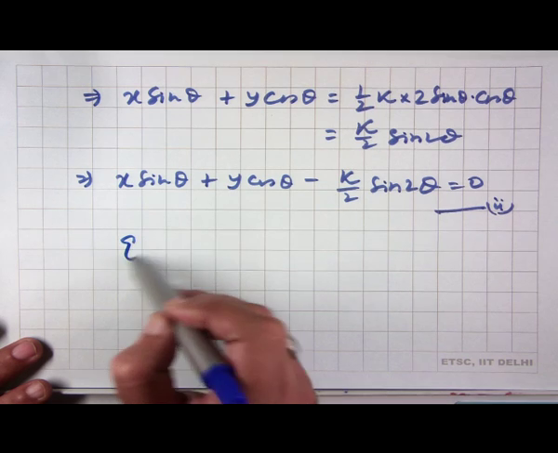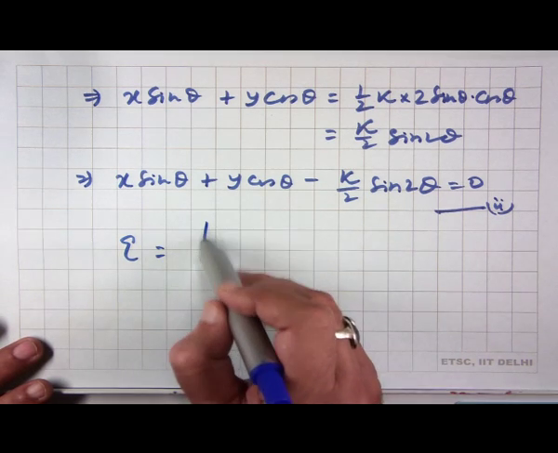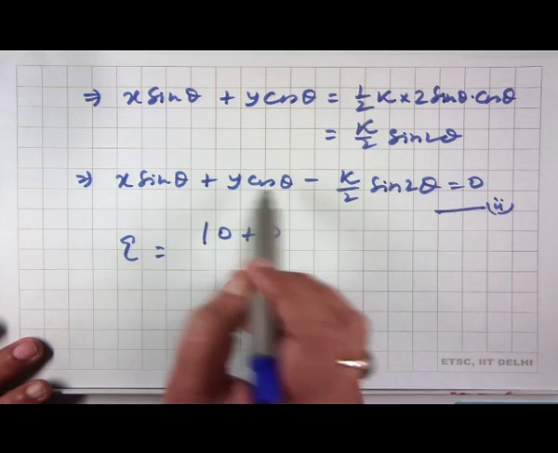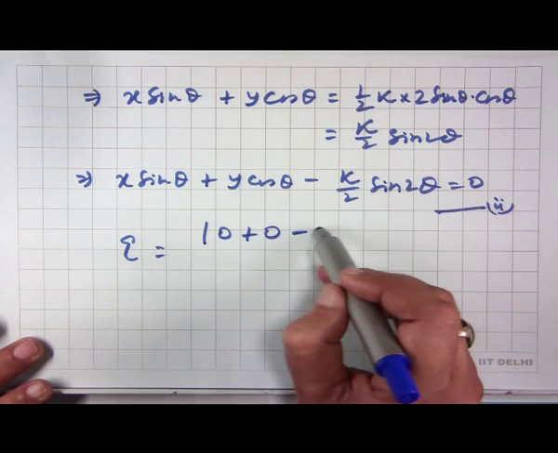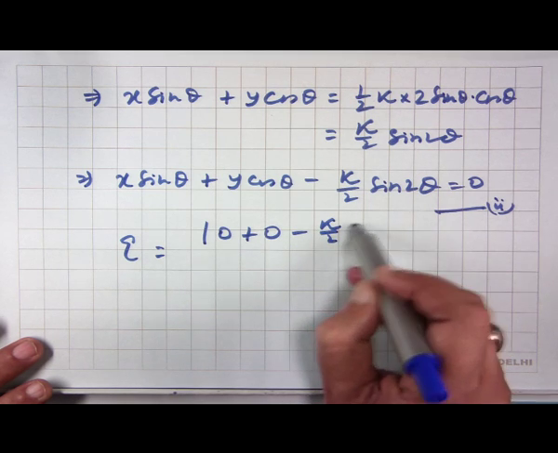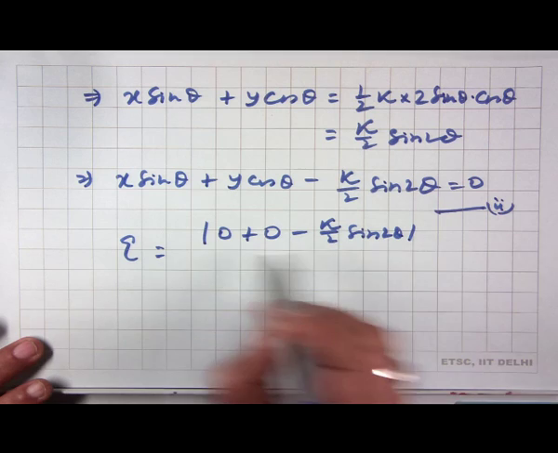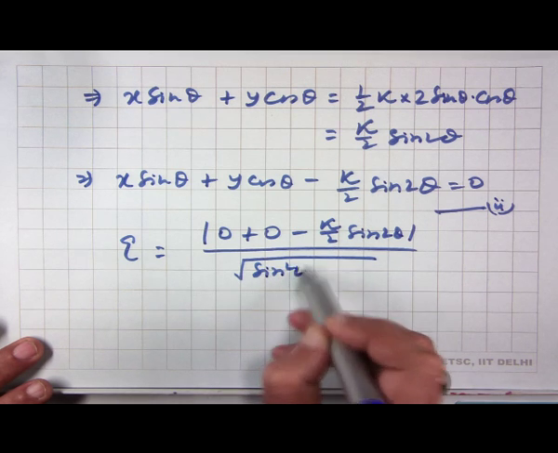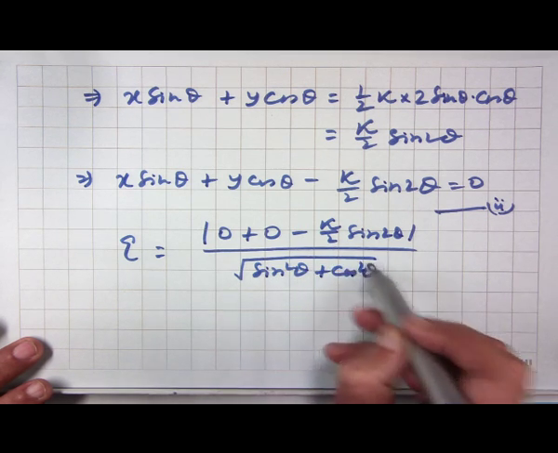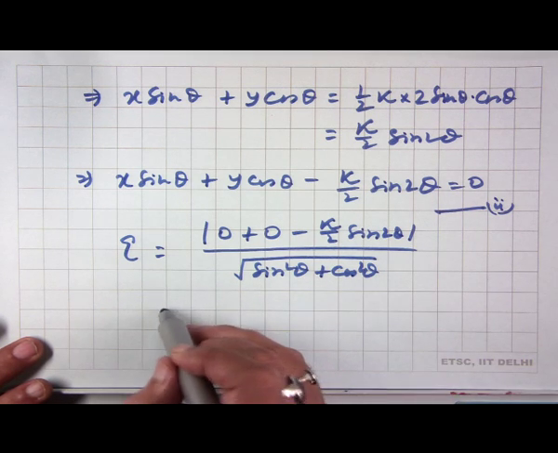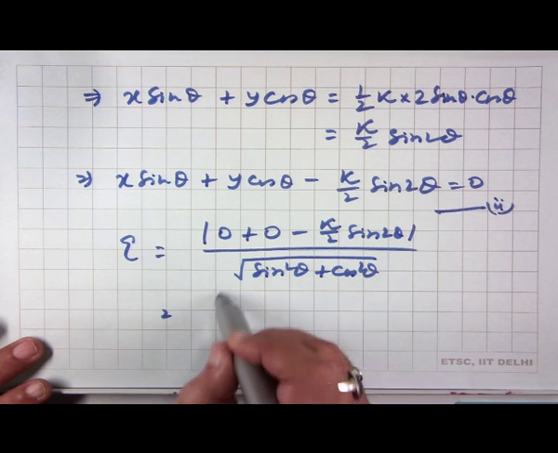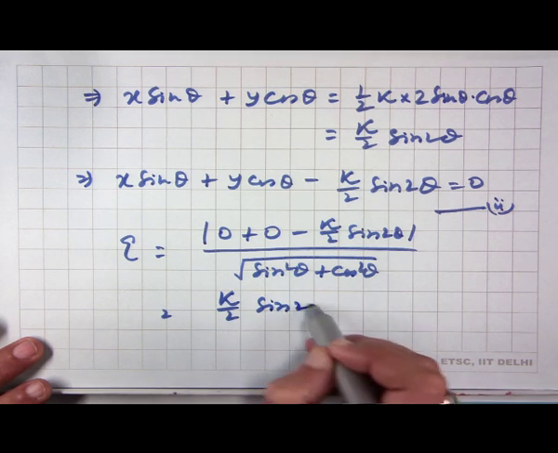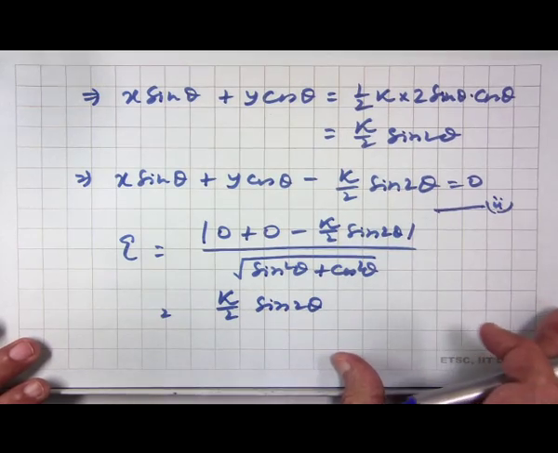So q is equal to mod of 0 plus 0 minus k by 2 sin 2 theta, when you put the value of x0, y0, by the square root of sin square theta plus cos square theta. So we get q is equal to k by 2 sin 2 theta, because sin square theta plus cos square theta equal to 1.